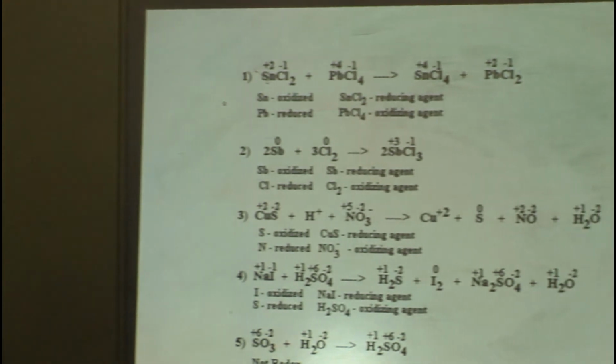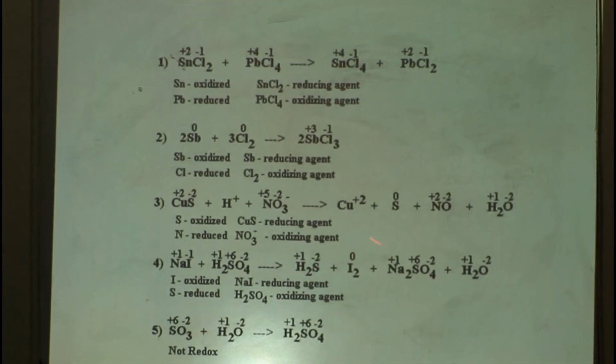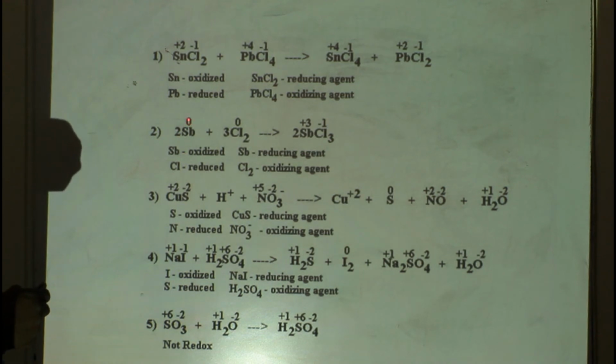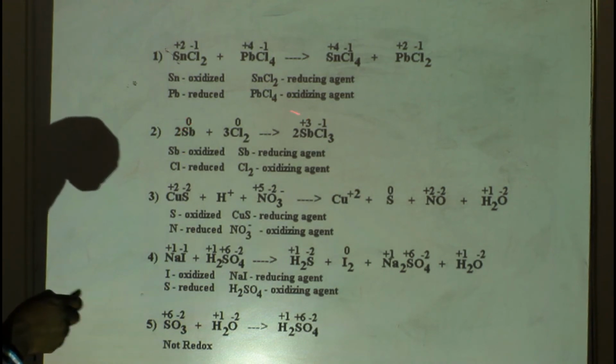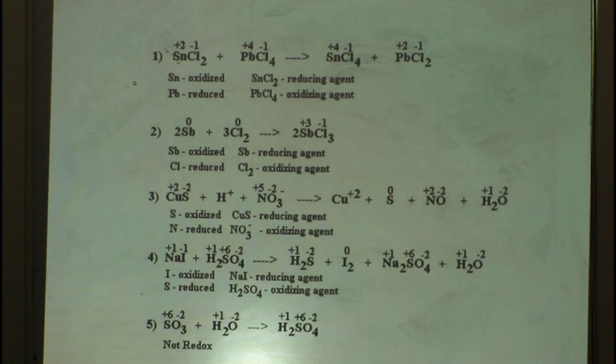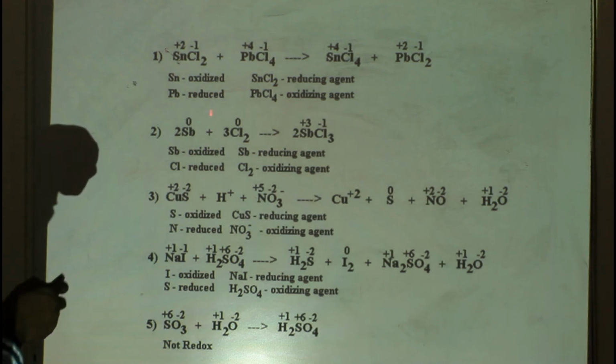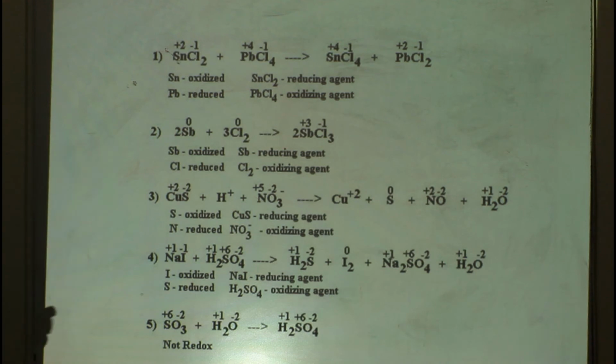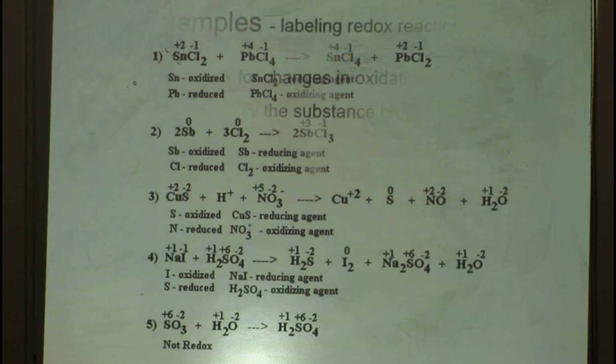Let's have more examples. This one has gone from 0 state to 3 state, so it has been oxidized. In this case, if it has oxidized, then it becomes a reducing agent. So let us take note of the rest and then continue.